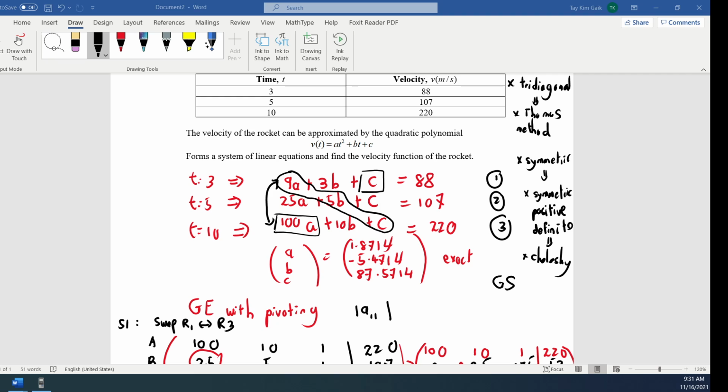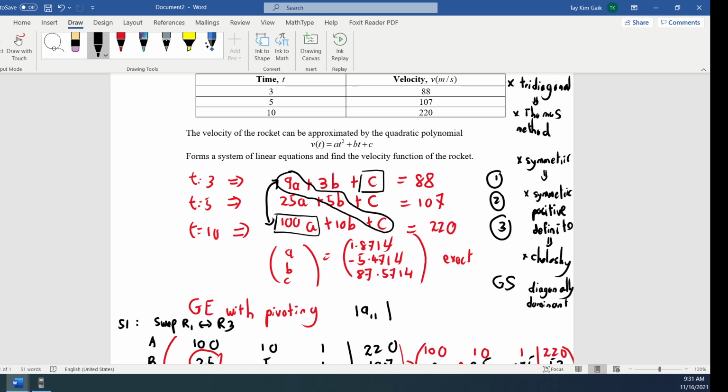To solve using the Gauss Seidel method, it must be diagonally dominant. Diagonally dominant means the diagonal value is the maximum compared to the summation of the other values. If you look here, 100 is the maximum compared to when you add up 10 and 1.